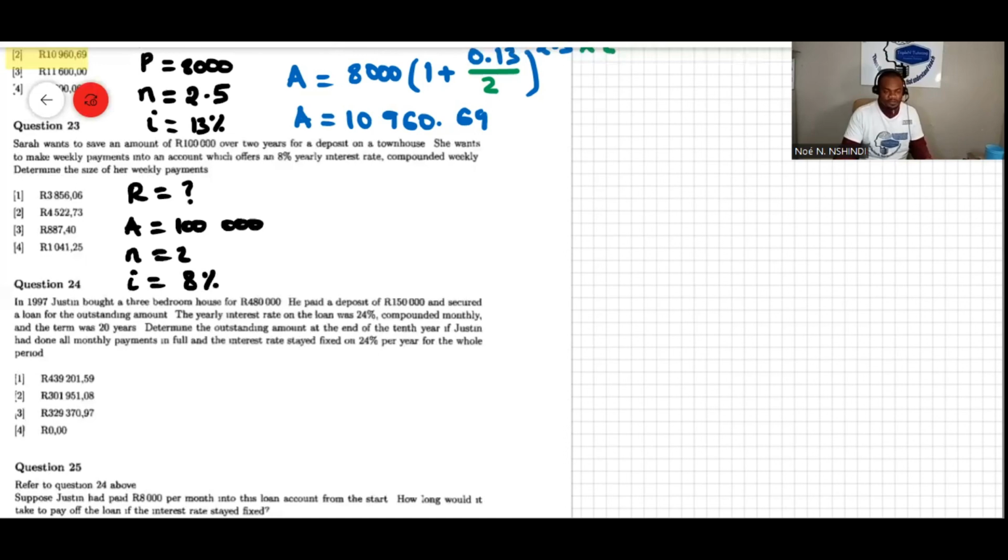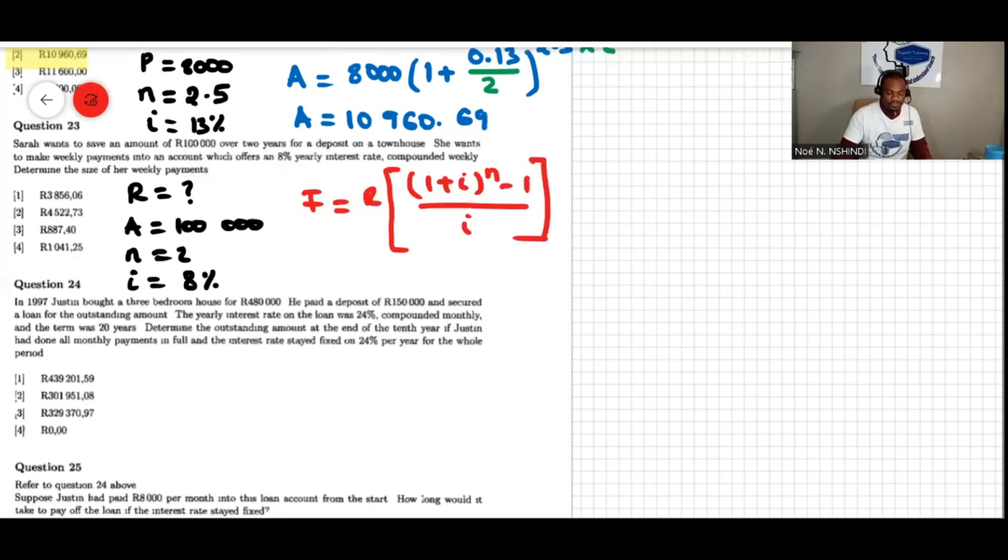Now the formula that connects the weekly payment with the amount, the time, and the interest is the future value formula F, which is given by R times open brackets 1 plus i to the power of n minus 1, all over i.